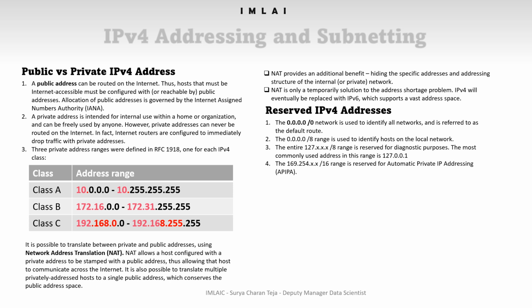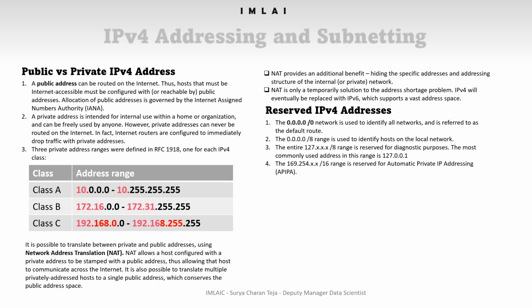Obviously the 16 is our CIDR, which means the first two octets represent the network and the last two octets represent hosts. This range is reserved for automatic private IP addressing, that is APIPA.